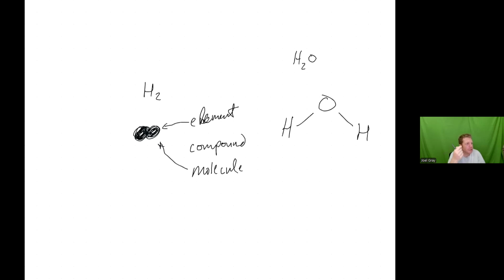As a result of that, it's not an element. It is, however, a compound, and this is also a molecule. Does that help, Caitlin? So a compound is two different atoms. Yes.